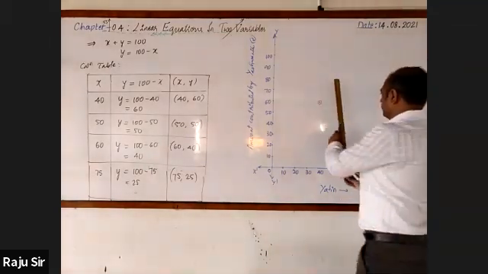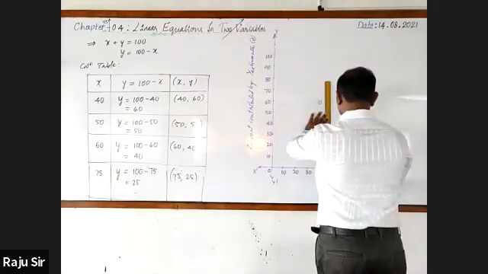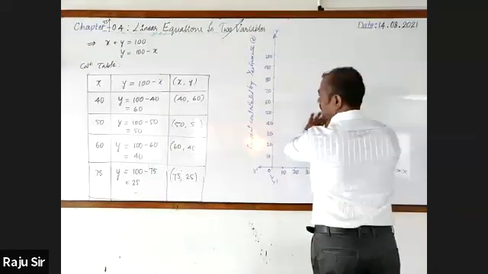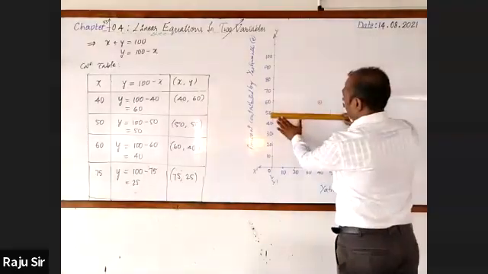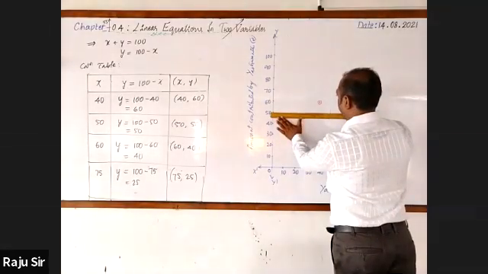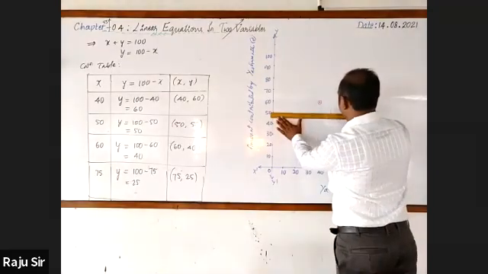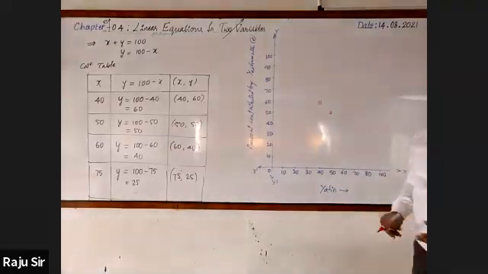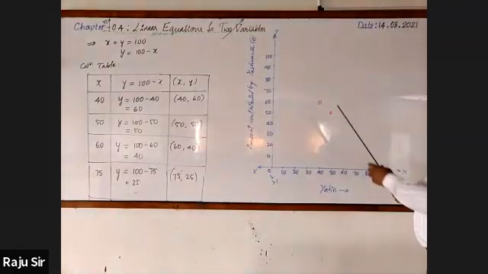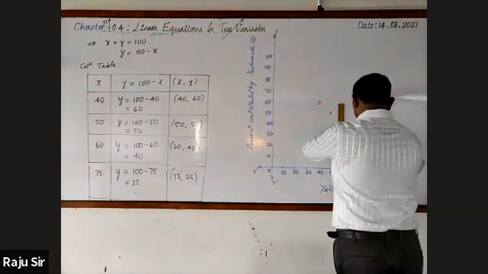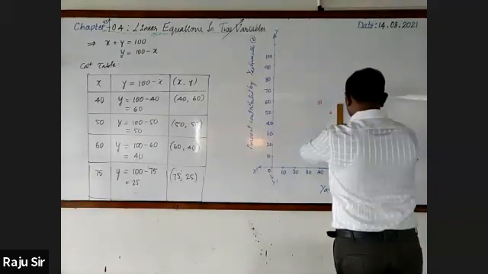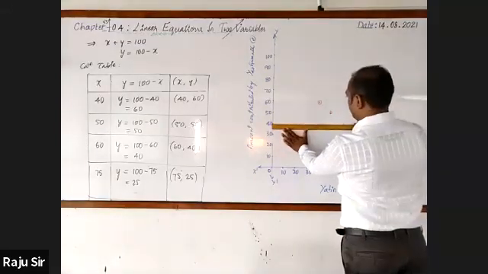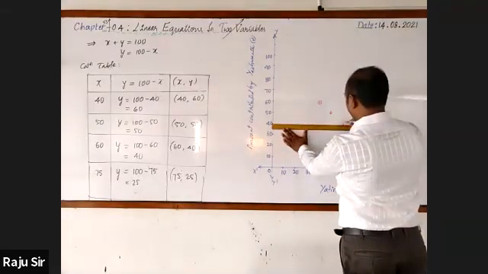Then 50, 50. The point comes here. Next, 60, 40. Amount contributed by Yatin is 60 rupees, and then Yashwant will be 40.